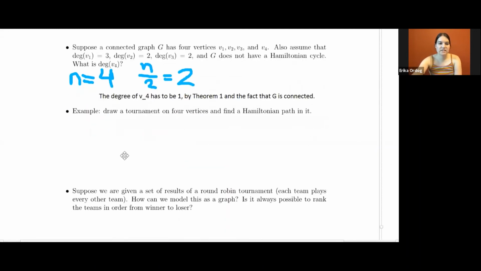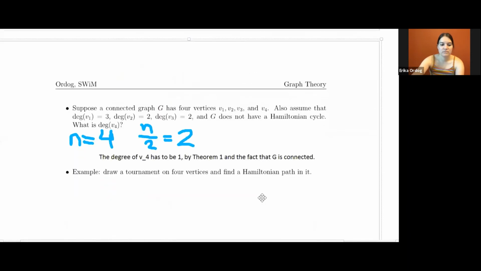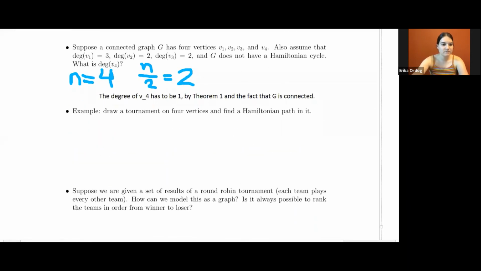Okay, so now another example. I want you to pause the video and draw a tournament on 4 vertices and then find a Hamiltonian path in it. We know there has to be one by theorem 2. Okay, welcome back. So let's draw one.